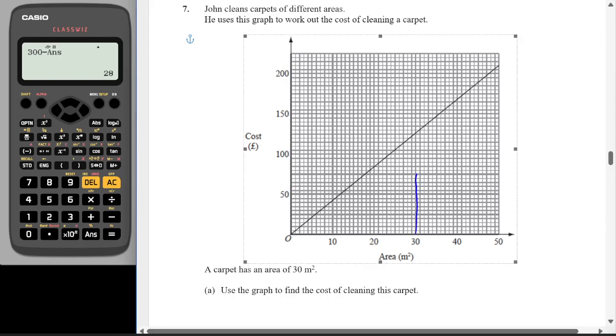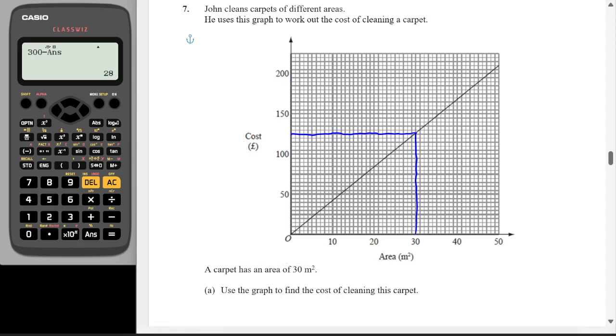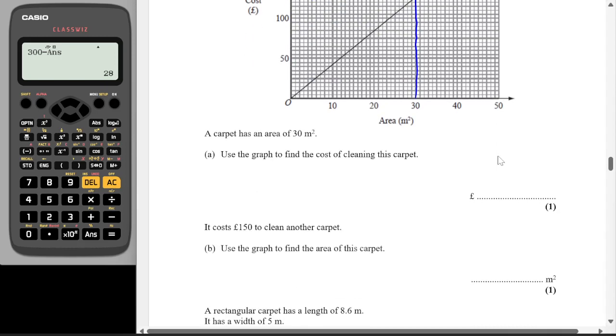So I'm going to go up to my line, and where I hit my line I'm going to go across and read it off there. So I'm looking at about 125, I think. So I'm going to go 125.